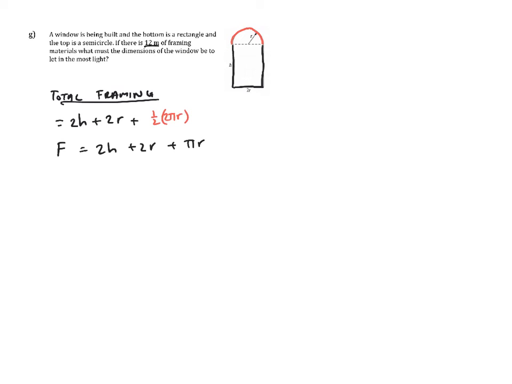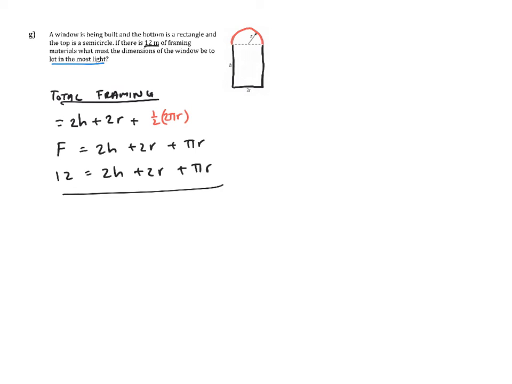So 12 is equal to 2h plus 2r plus pi r, okay? So that's quite cool. And then that's not an optimal formula, right? That is just the constraint that was given. So then they ask you, if there's 12 meters of framing, what must the dimensions of the window be to let in the most light?